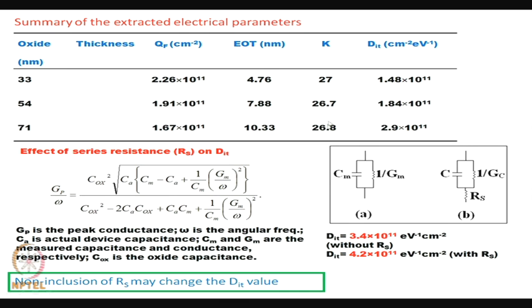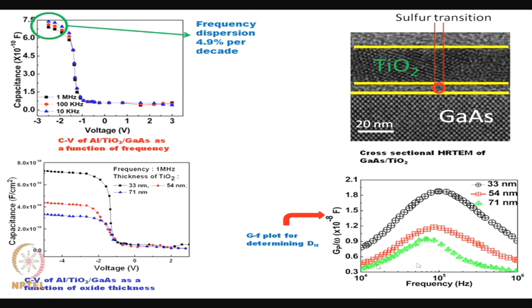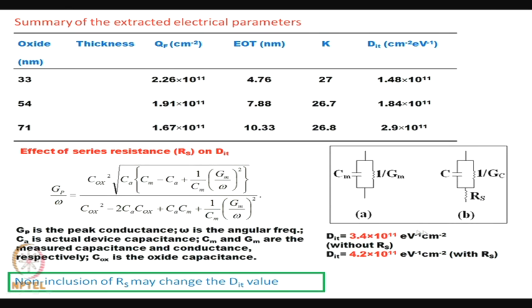The dielectric constant is almost the same, from 26.7 to 27, and the DIT value increases from 1.4 times 10 to the power 11 to 1.84 times 10 to the power 11 to 2.9 times 10 to the power 11. The DIT value was measured from the conductance technique, from this plot with this equation.